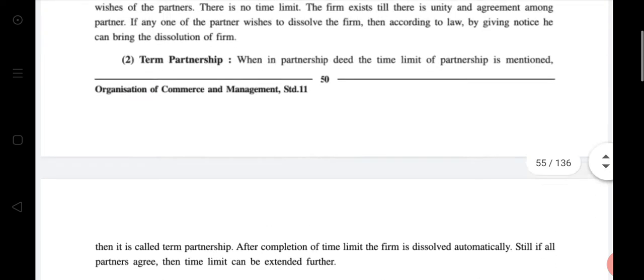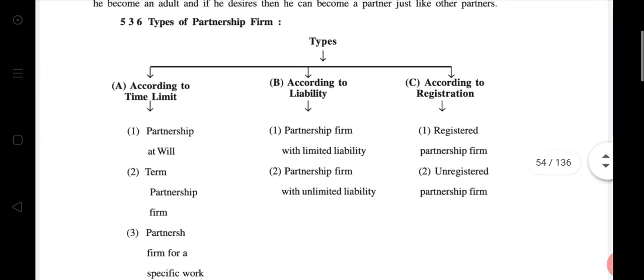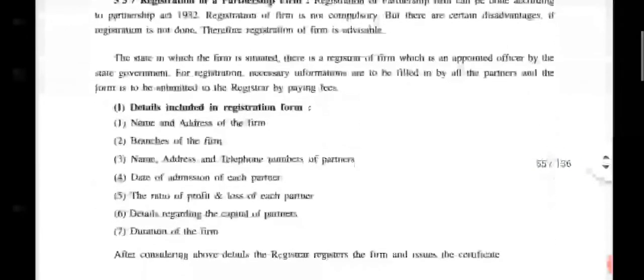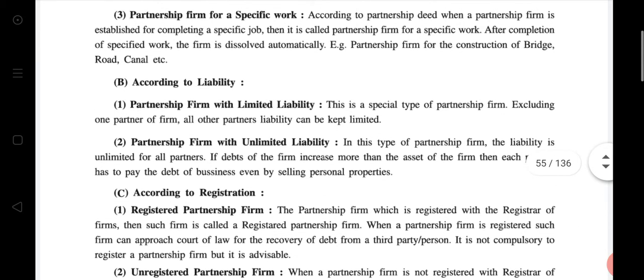Understood? Yes. Now, the second basis: according to liability. There are two: partnership firm with limited liability and with unlimited liability. The first one, limited liability. This is a special type of partnership firm where, excluding one partner of the firm, all other partners' liability can be kept limited.